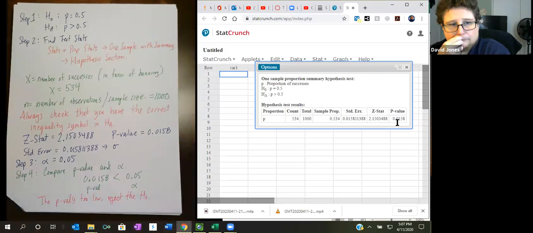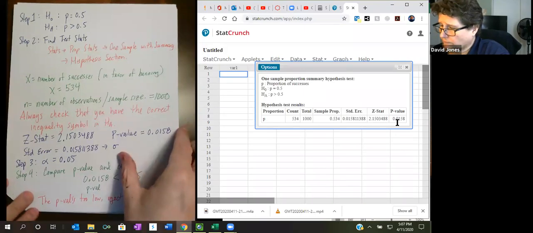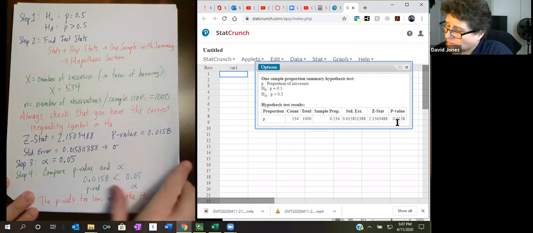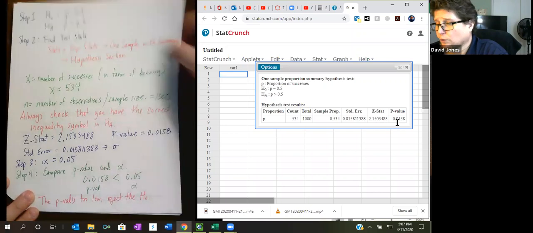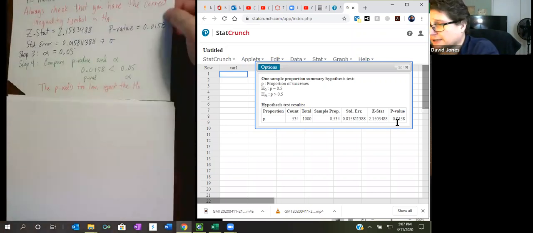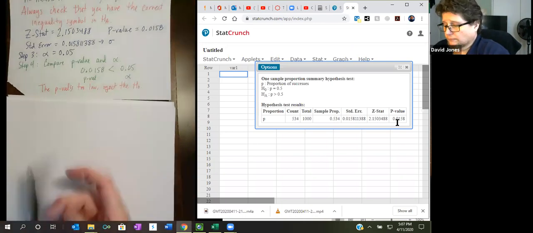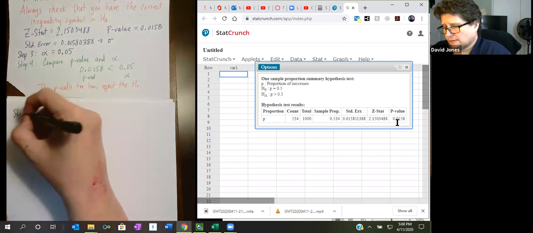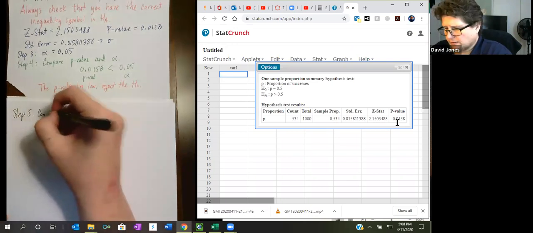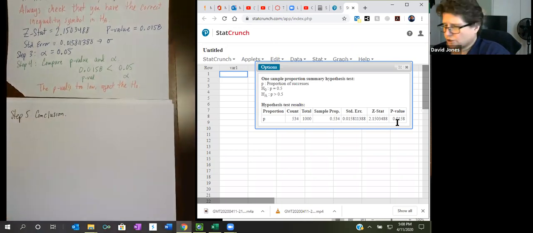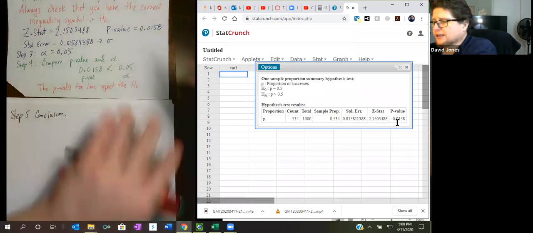Okay. What's step 5? Step 5 is our conclusion. So we said the p-value is too low, we're going to reject H naught.